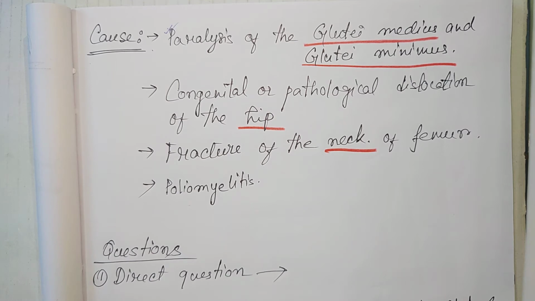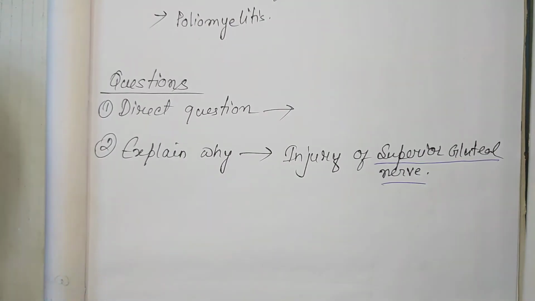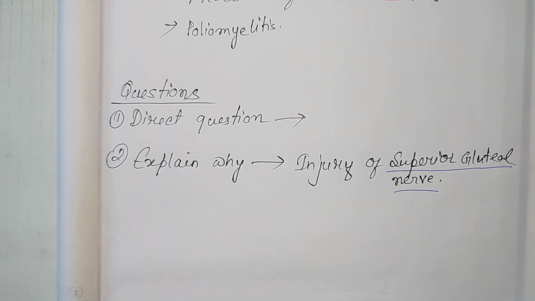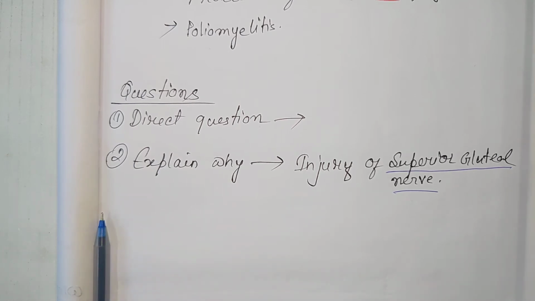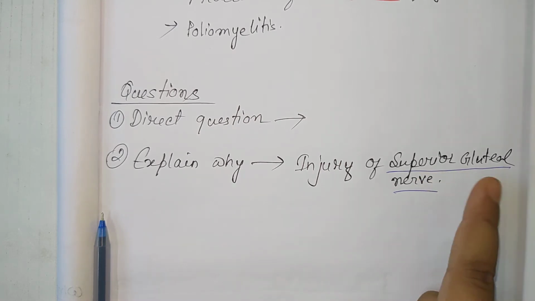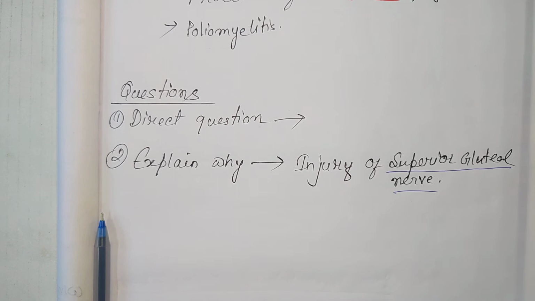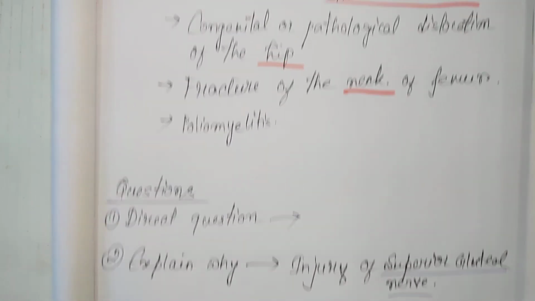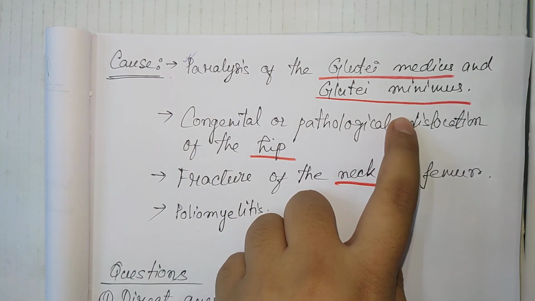Next is the explain why question. What type of question will be there? Like injury to the superior gluteal nerve causes positive Trendelenburg sign. Why? Okay, this is quite simple. This nerve, superior gluteal nerve, supplies which muscles? It supplies the gluteus medius and the gluteus minimus muscle.